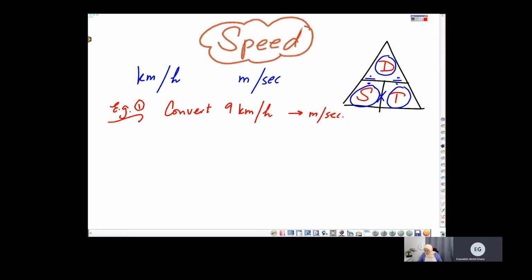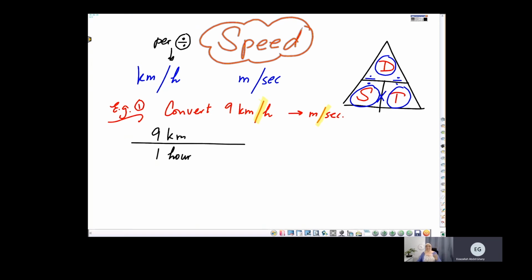I want to tell you something. What is per? Per means divide. Let's write it. This per means divide. So we'll write it as 9 kilometers per hour, per 1 hour.